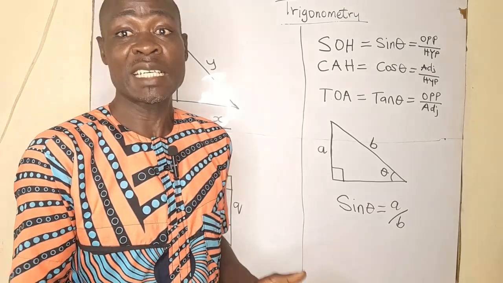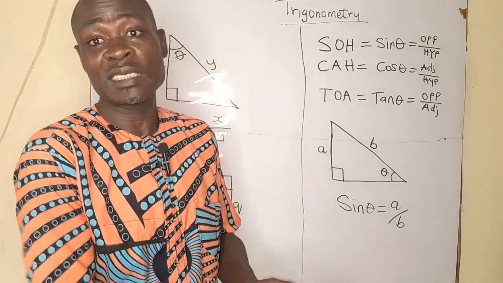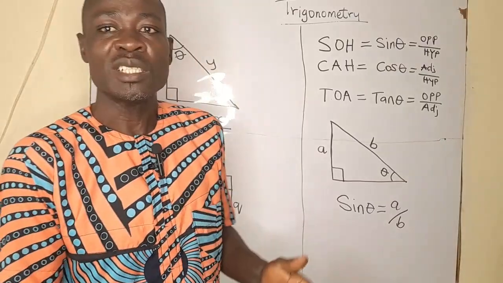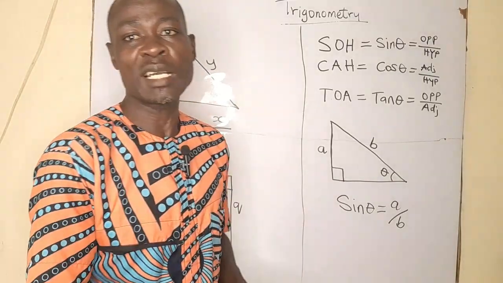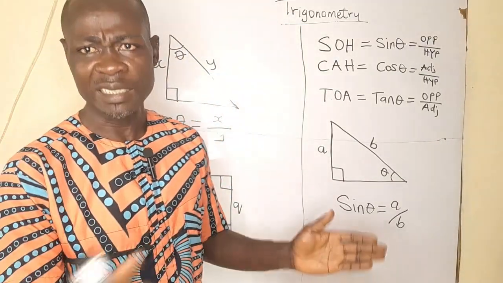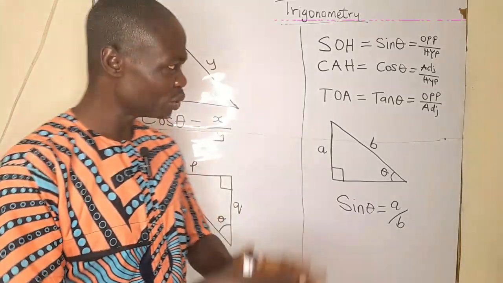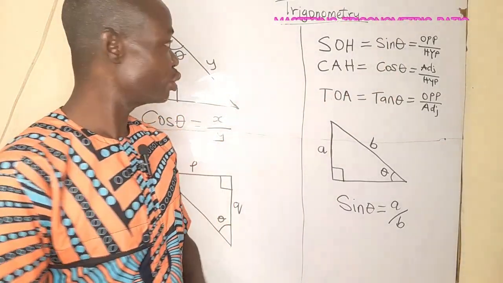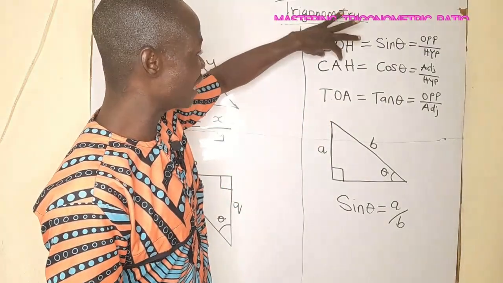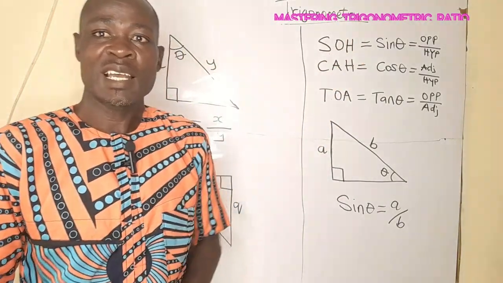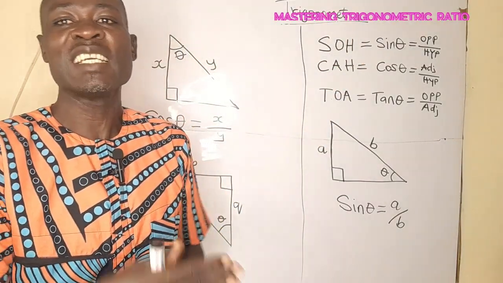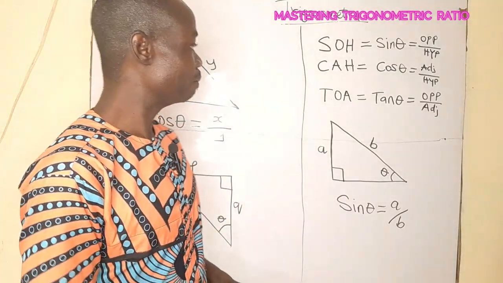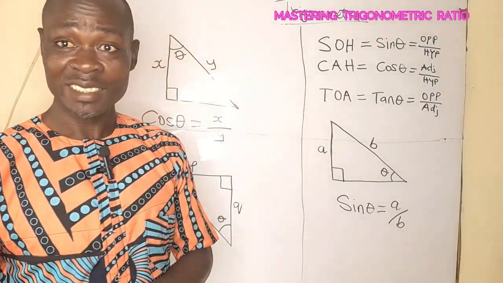Based on the angle, the side that theta is facing is the opposite. The side that the right angle is facing is the hypotenuse, and then the other one is the adjacent side. So here we will look further into the trigonometric ratio. We are going to look at SOH CAH TOA as a guide to solving problems in trigonometric ratio.